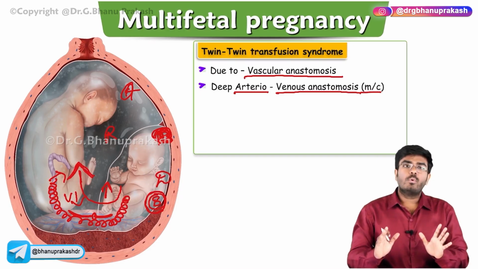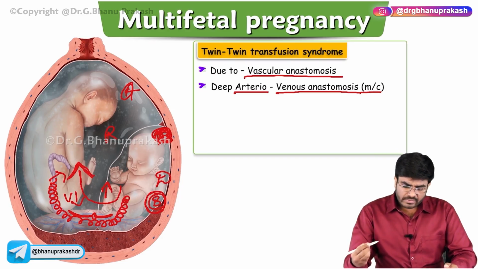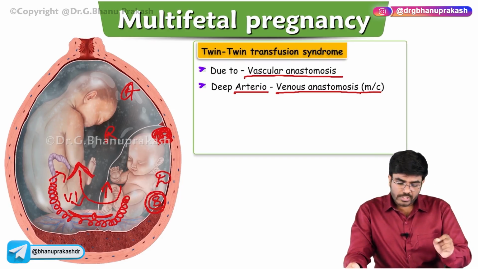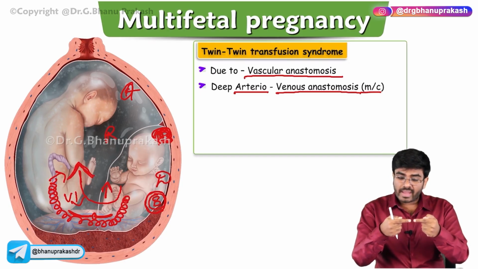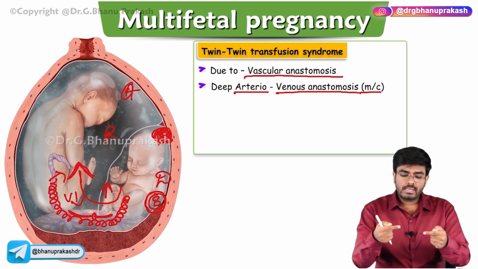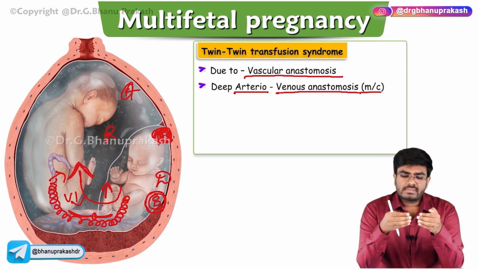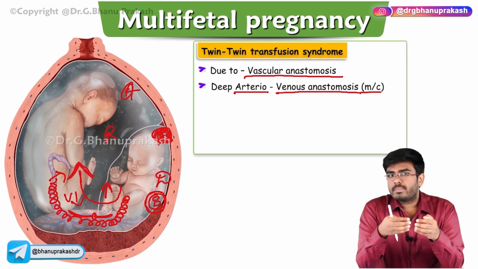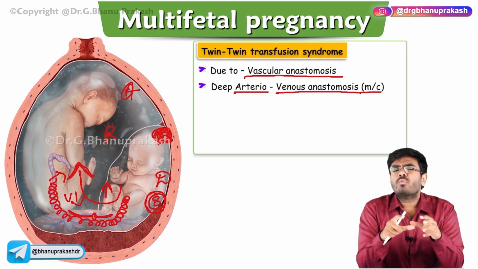So at the end of the day, both babies will die. Now, what exactly is twin transfusion syndrome, guys? It is due to abnormal vascular anastomosis, and such a deep vascular anastomosis is seen between an artery and a vein. Remember, such abnormal anastomosis can also be seen between artery and artery, or between vein and vein, but there won't be a big problem.